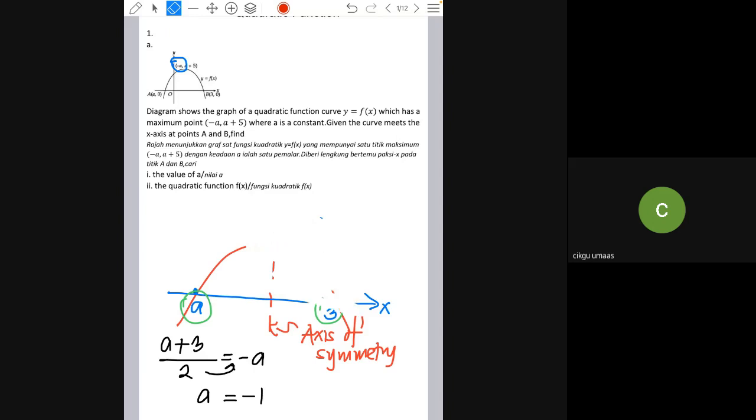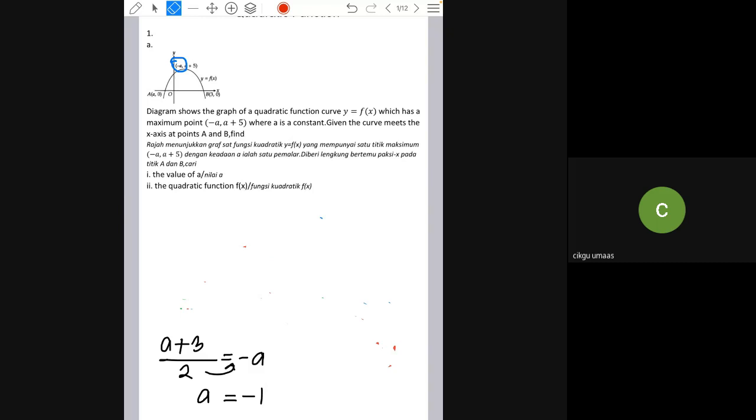So I already got the value for A. What is the value for A? A is negative 1. Since I have got the value of A, I can substitute this into the curve.